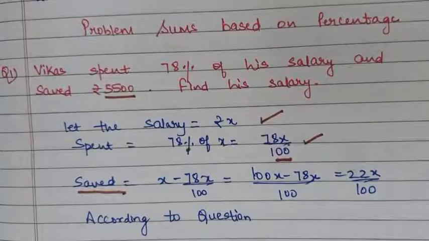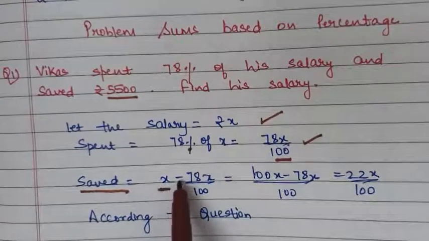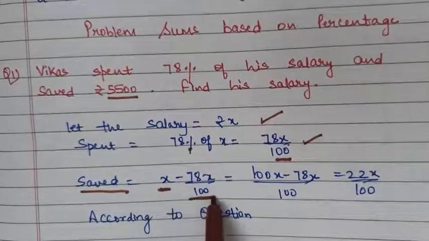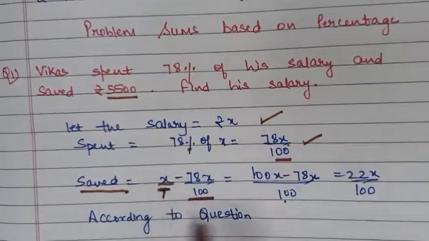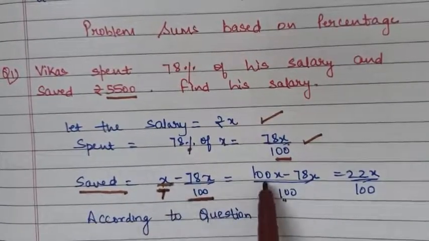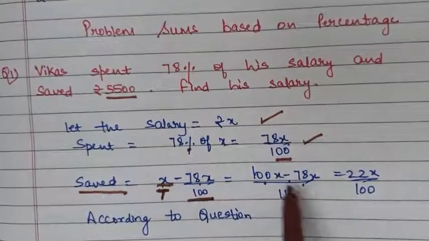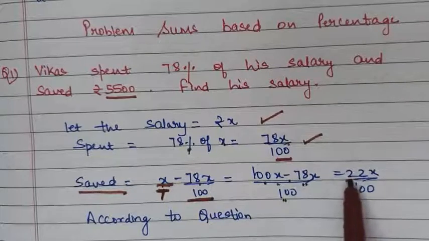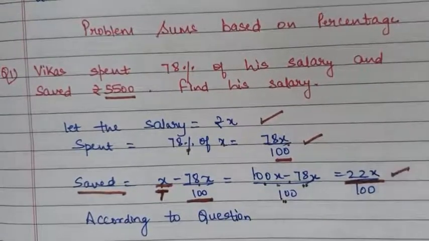And how can we find out? That is total salary minus salary he spent. Now take LCM of 100, then 100x minus 78x. What we get? We get 22x upon 100. Clear?